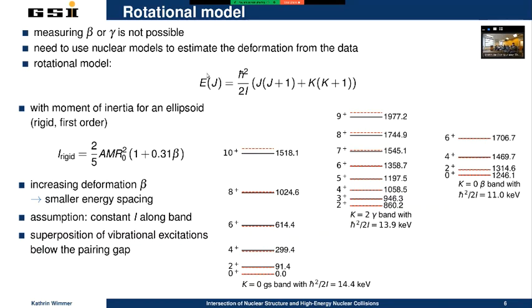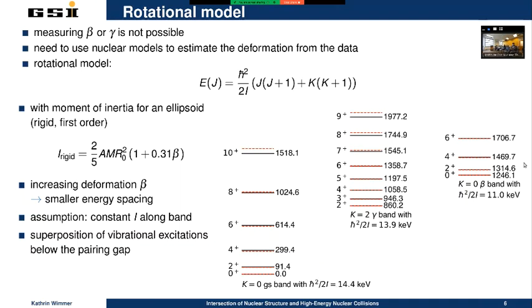And in a rotational model, the energy spectrum is given by this factor of J times J plus 1, which is the angular momentum of the states in a band, and this K is the projection of the angular momentum onto the symmetry axis of the ellipsoid.